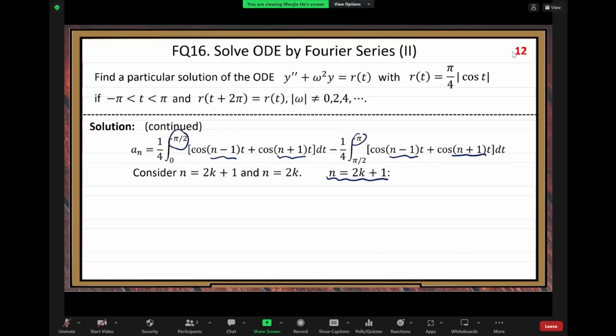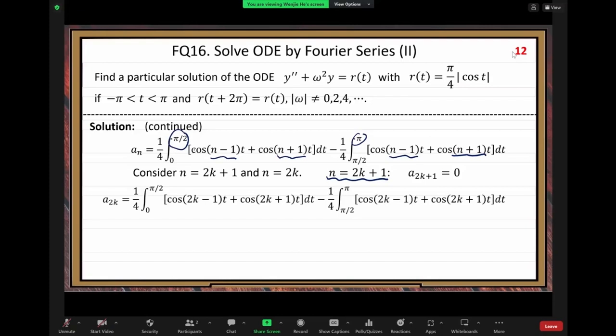You can see all the terms are 0. So you can easily see a sub 2k plus 1 equals 0. Here I do not write it explicitly, but if you work on your scratch paper, you can see that easily. So here I just use brain calculation to get it.